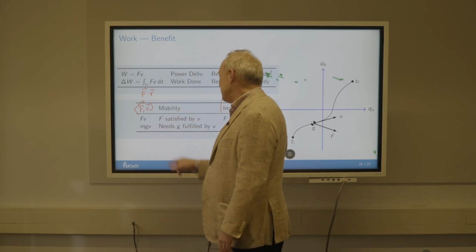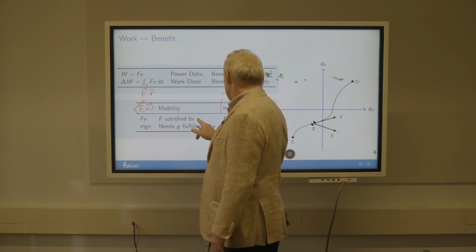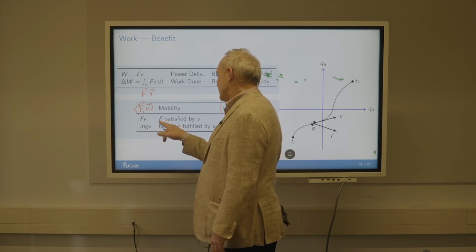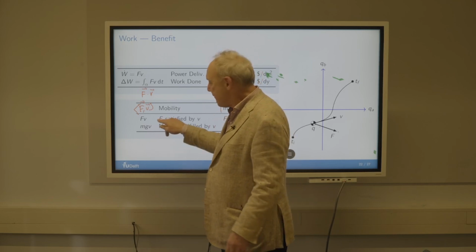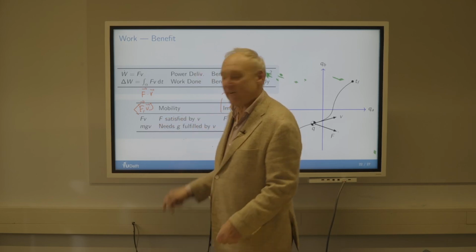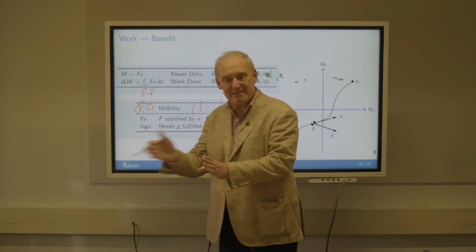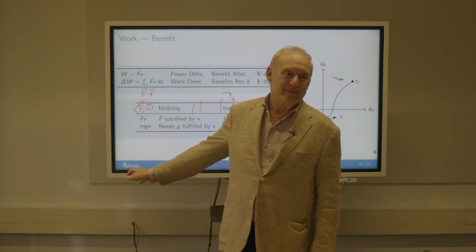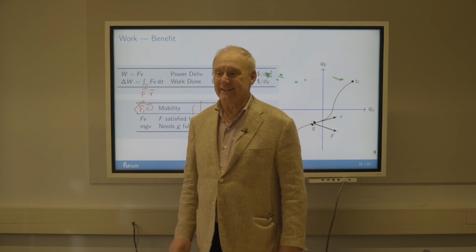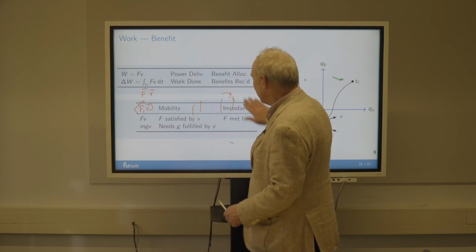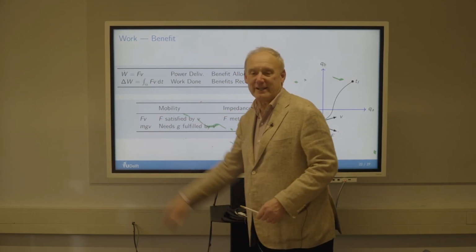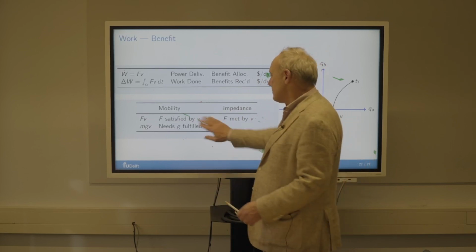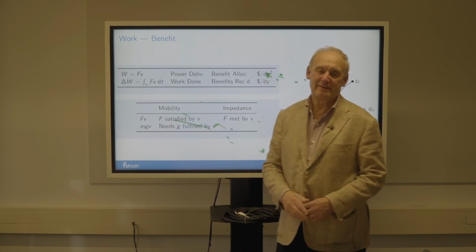Here is the force that is satisfied. So this is a flow, and it satisfies this. You can think about this quite subtly and see that there are differences in perspective between the two analogies. I like this one. It's pretty clear.